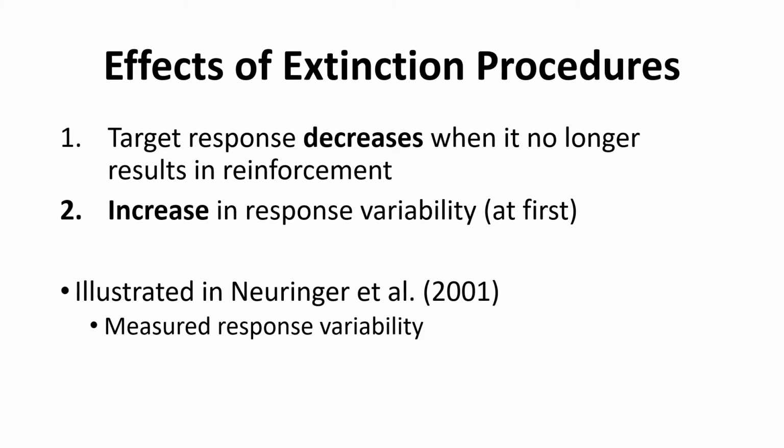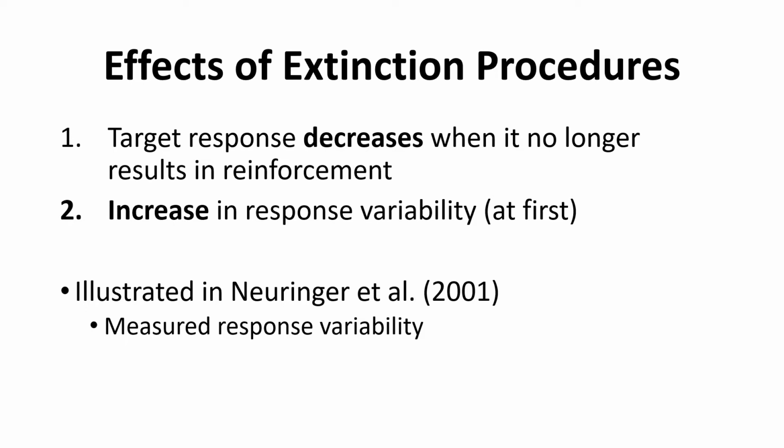Basically, when having the behavior occur doesn't lead to reinforcement, you're going to do less and less of that behavior. That's pretty much the definition of the extinction process, so of course that makes sense. We're going to see less responding because of that extinction process.